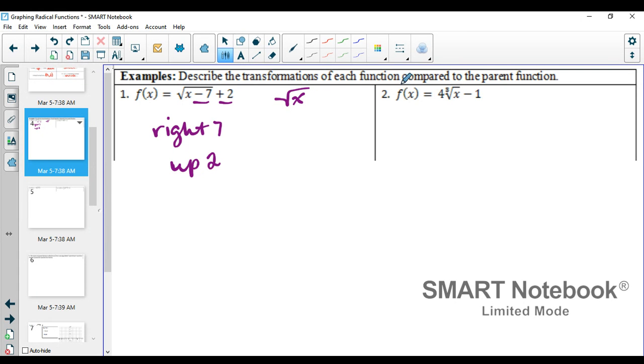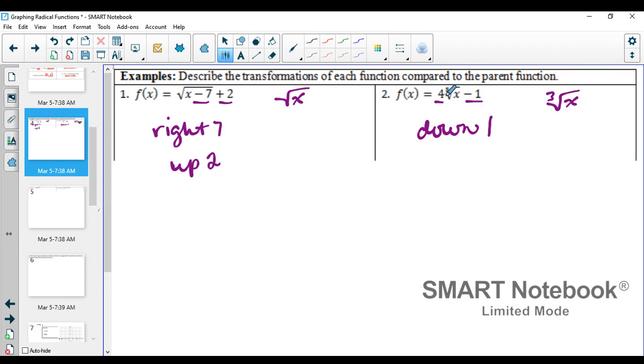For number 2, we have f of x equals 4 times the cube root of x, minus 1. Now our parent function is the cube root of x, so we're looking at the 4 and the negative 1 as our transformations. Let's start with the negative 1. It's not underneath the radical sign, which means it's k. K does vertical shifts, and it follows the sign, so negative 1 means it's going to go down 1.